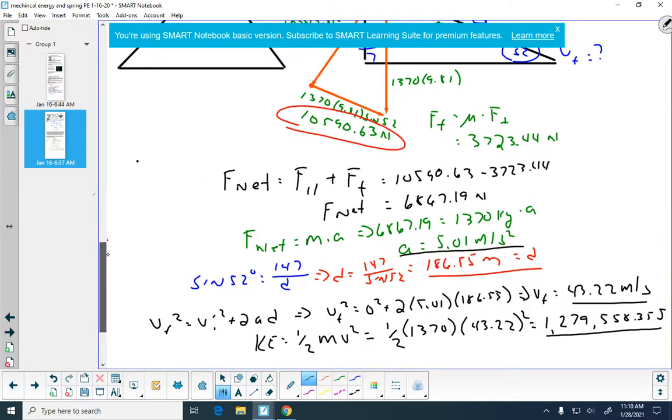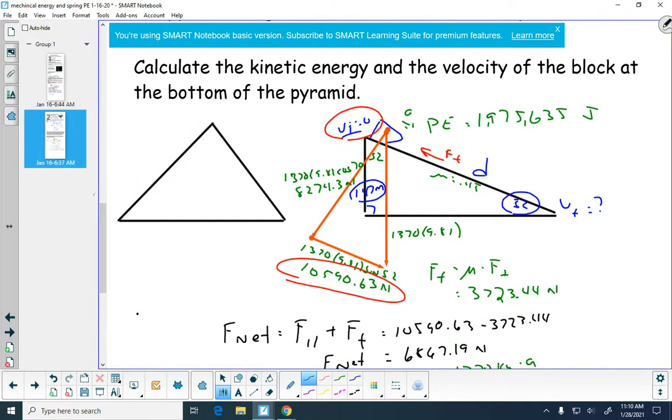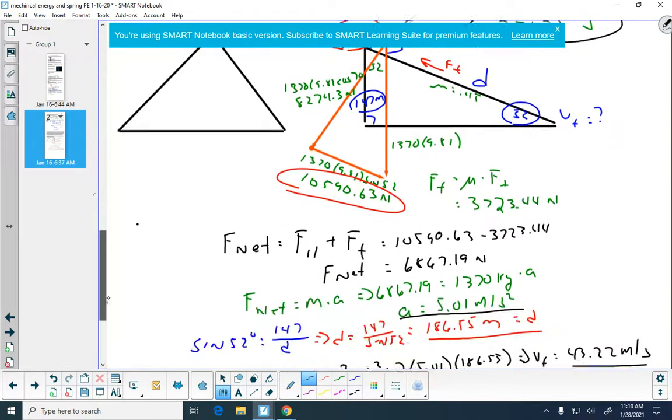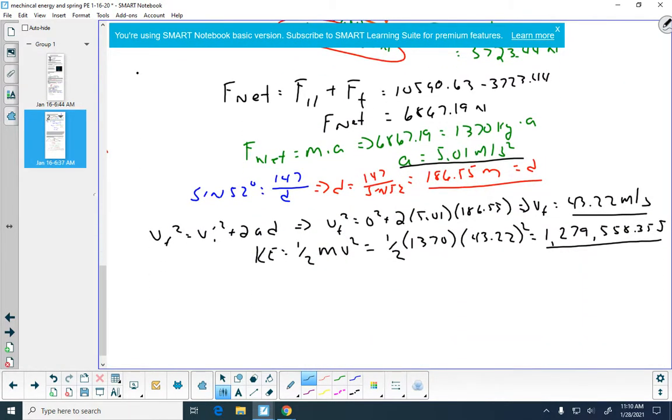So at the top, we had this amount of potential energy, 1,975,635 joules. At the bottom, we only have 1,279,000 and some more joules. Question is, what happened to the other joules of work? Well, that's where friction comes in.